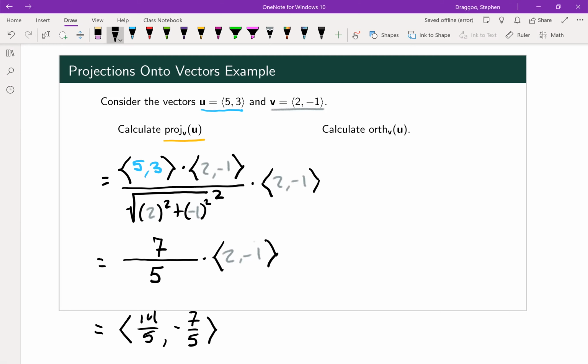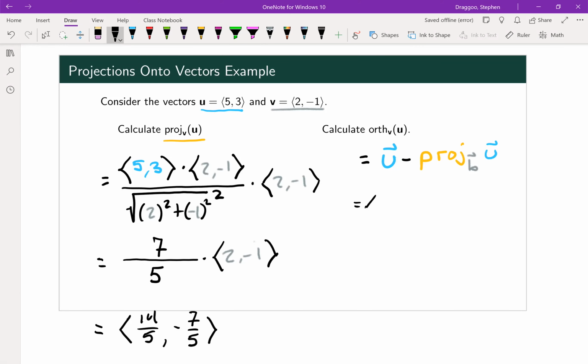So then to calculate that orthogonal piece, I want the vector u, and I'm going to subtract the parallel part, or the projection of u onto v. So subtract that projection, the standard projection, it's in the direction of v, and it's of the vector u.